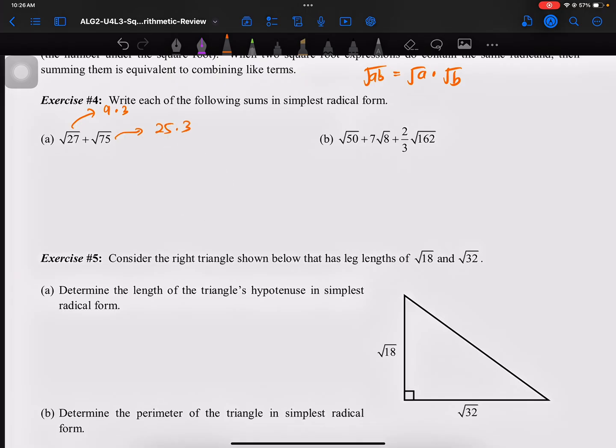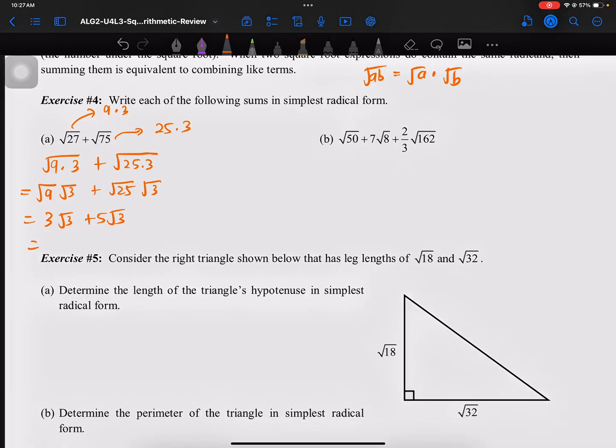So √27 is √9 multiplied by 3, plus √25 times 3. Next, we split it into two: √9 √3 plus √25 √3. Next, this is 3√3. This is 5√3.